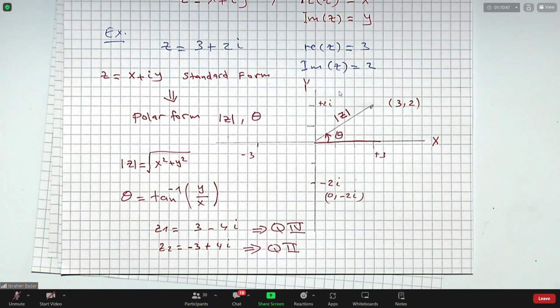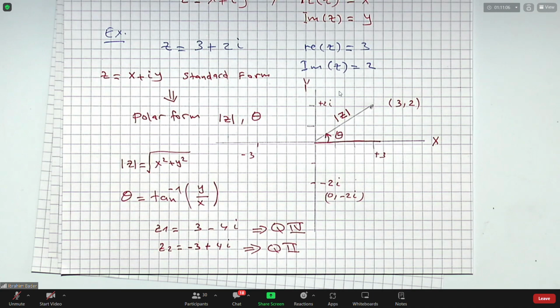I see sometimes that students say this is in quadrant 2, and then they tell you that the angle is 330. Here the angle is between 0 and 90, here between 90 and 180, here between 180 and 270, here between 270 and 360.